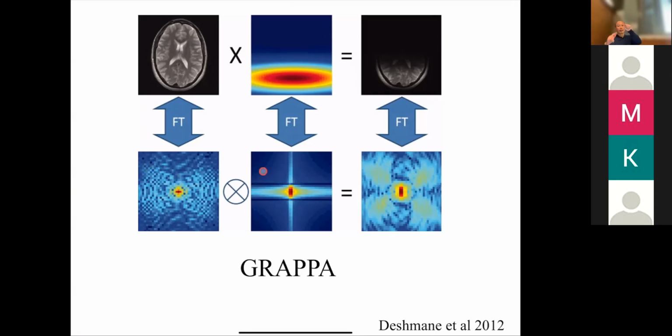This point in K-space is actually a summation, a convolution, of all the stuff around it. So there's a lot of structure to this, and I shouldn't have to sample it as much. I should be able to undersample it, and then figure out what I didn't sample, okay? So I'm going to interpolate in K-space.